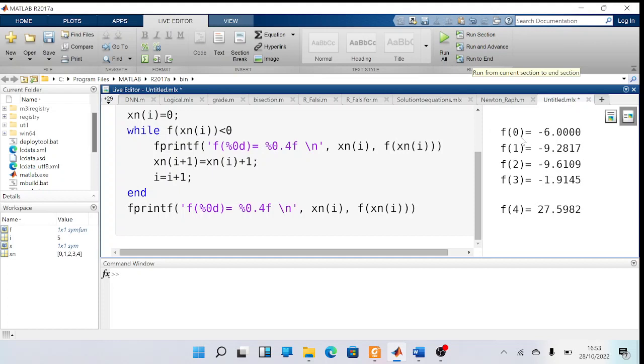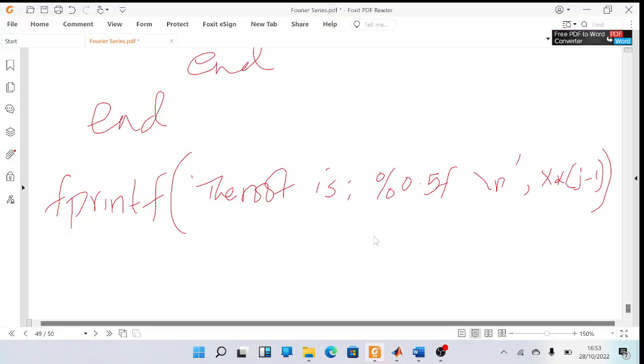So we say f of 0 is equal to minus 6, f of 1 is minus 9.2817, f of 2 is minus 9.6, f of 3 is minus 1.9145, and f of 4 is that, just like we had obtained here.